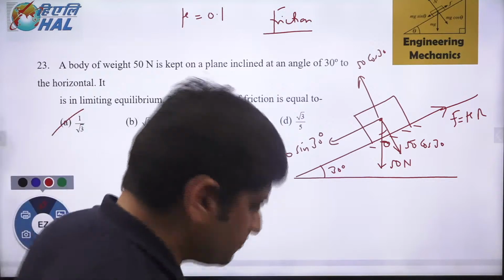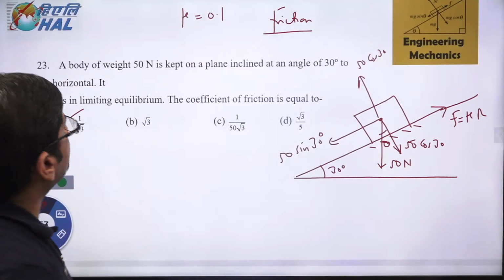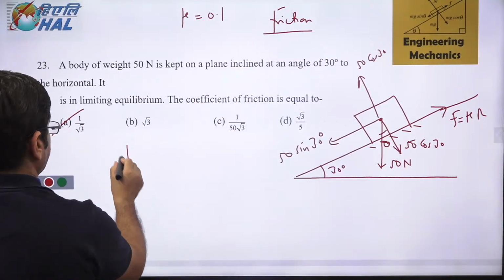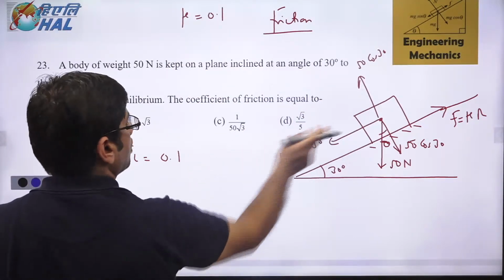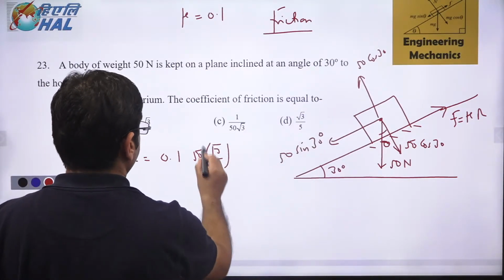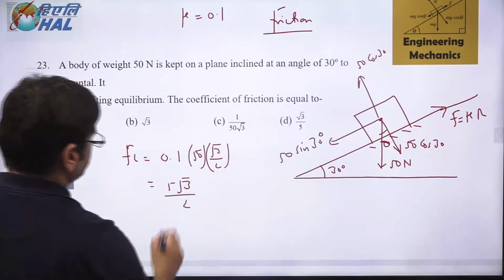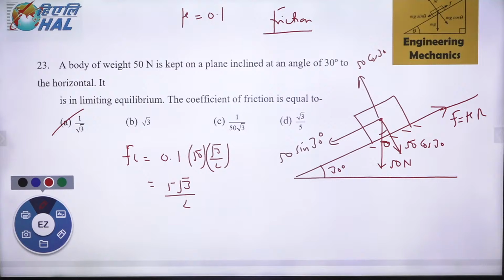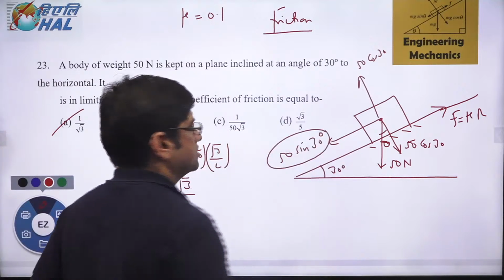Now see carefully. In such kind of questions, what we have to do is this. First of all, we need to find out the limiting friction. Limiting friction is 0.1 into normal reaction, which is 50 into root 3 by 2. That comes out to be 5 root 3 by 2. That is the limiting friction. Now check whether limiting friction is more than this or less than this.